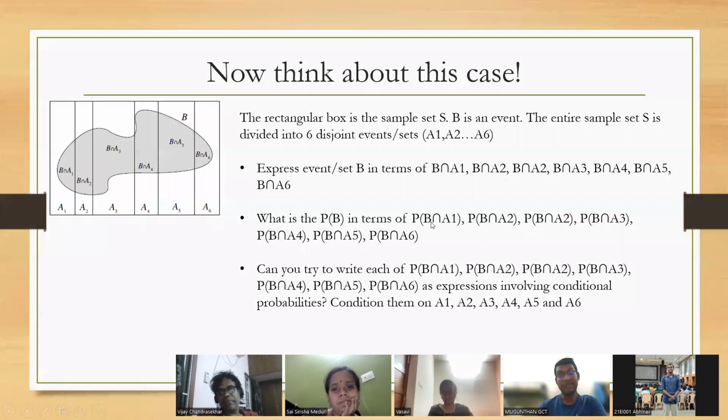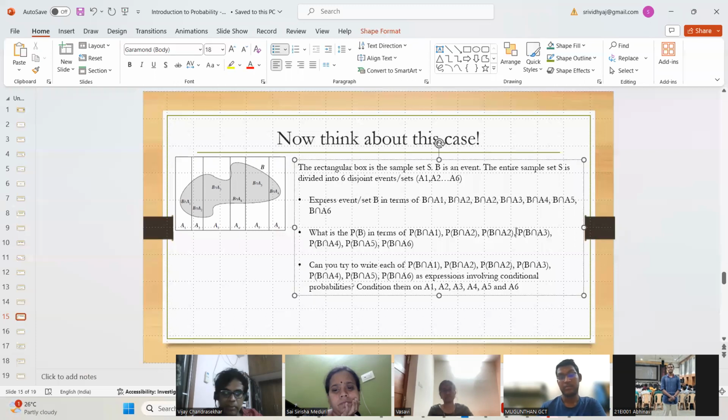I can express this as B given A1 multiplied by P of A1, B given A2 multiplied by P of A2, B given A3 multiplied by P of A3. Sorry, this is a typo. Let me change that. Okay. I can do that.